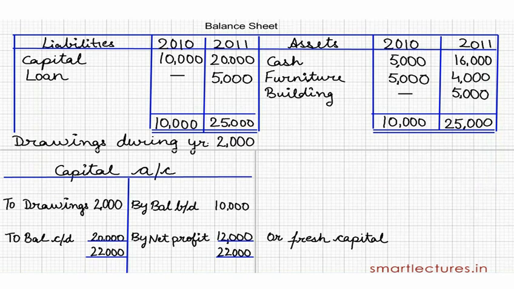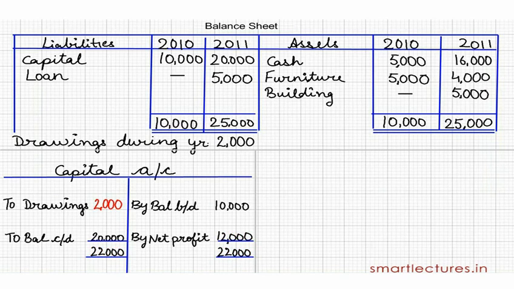So this balancing figure is the net profit of the firm during the year. So on both sides, the total is 22,000. So we have found that this firm earned rupees 12,000 as net profit during the year, and drawings of rupees 2,000.